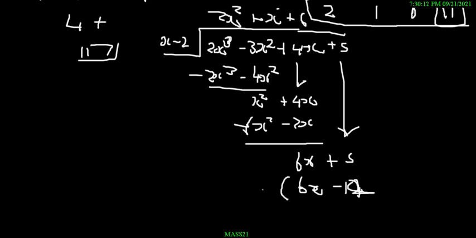Then we subtract. This is going to be 0. Then we have 5 minus negative 12. It's going to give us 17.